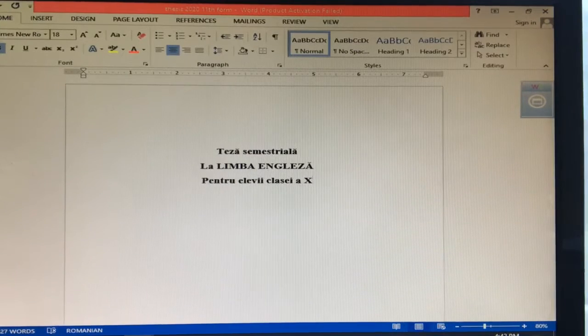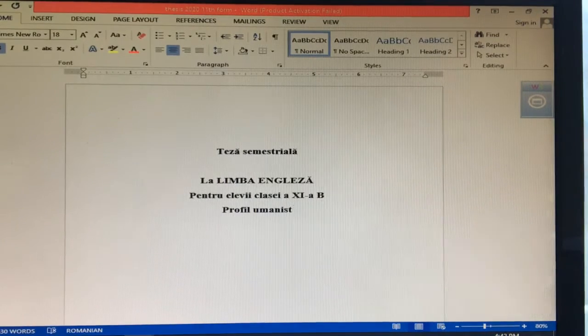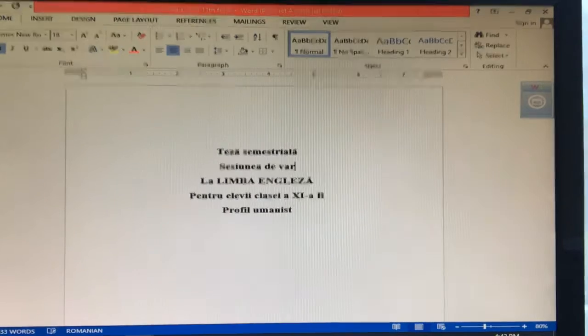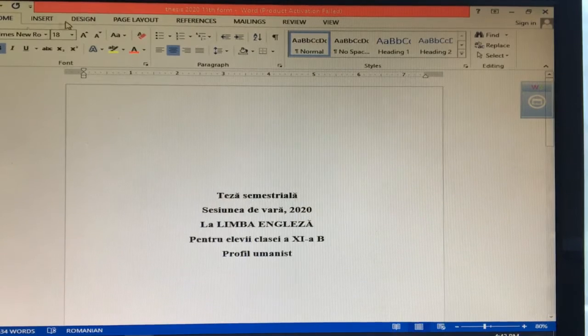And of course writing depends again. What is necessary, of course you have to write when, so that it is very clear what is going to be tested.